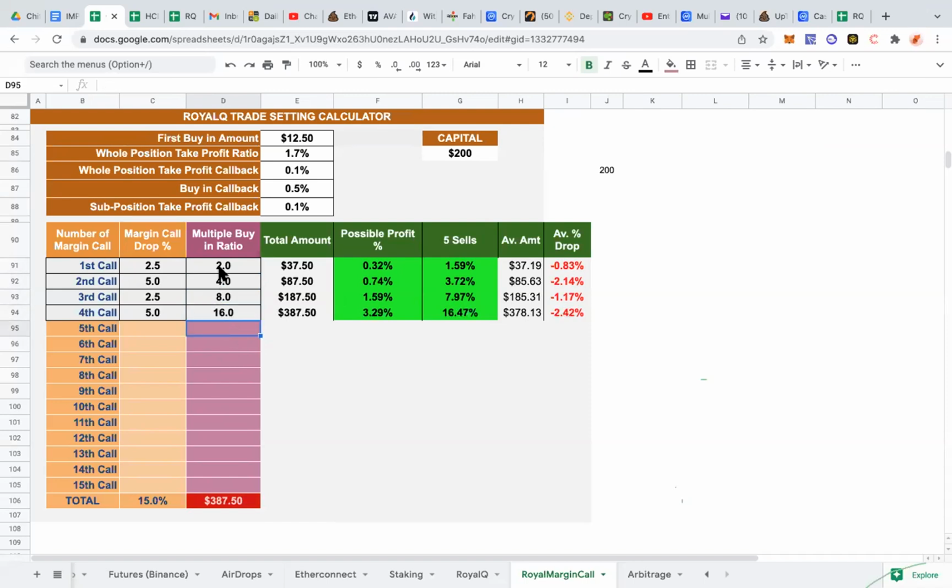Now 1, 2, 4, 8. There is someone I will be configuring an account for with $100,000. I'm going to make the person's account up to the 5th call, but I wouldn't recommend going beyond the 5th call.